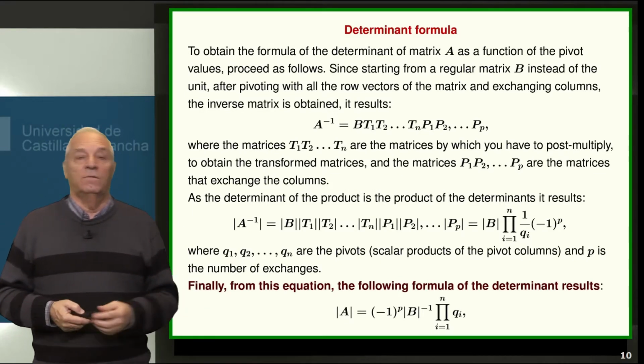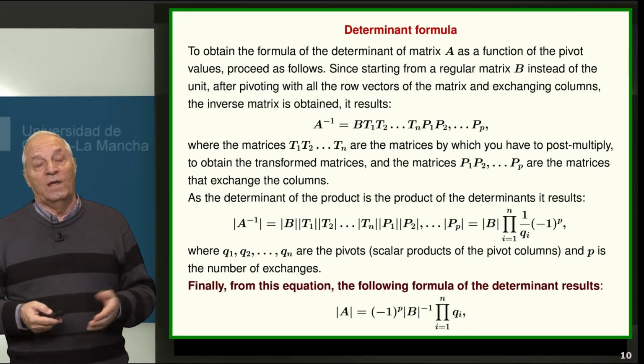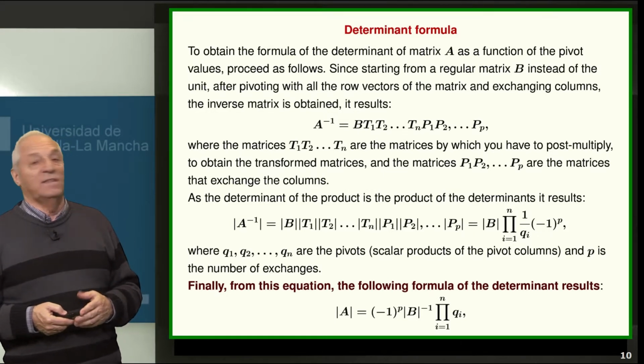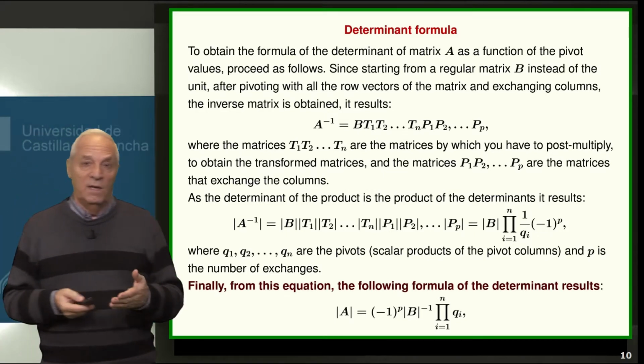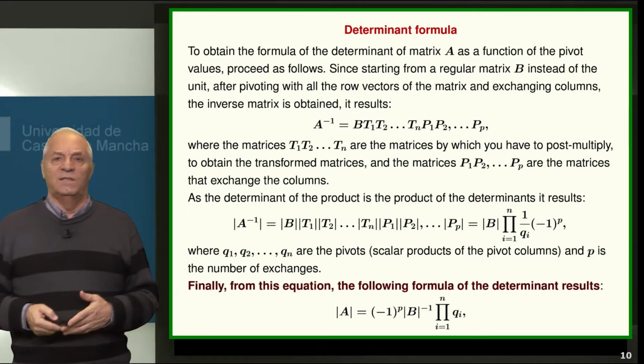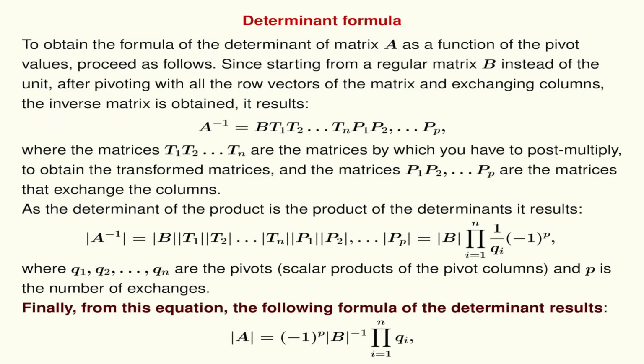From there, taking into account that the determinant of the inverse of A is 1 divided by the determinant of A, simply clearing, we get the formula of the determinant of A, which is -1 raised to p, the number of times you have to change the columns so that they are in order, times the determinant of the starting matrix, which if it is the identity matrix is 1, raised to -1, that is, the inverse of that of A, and then times the product of the pivots.